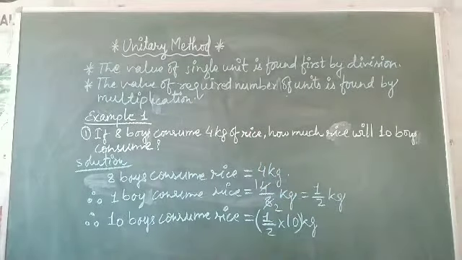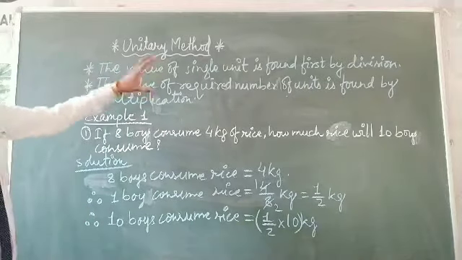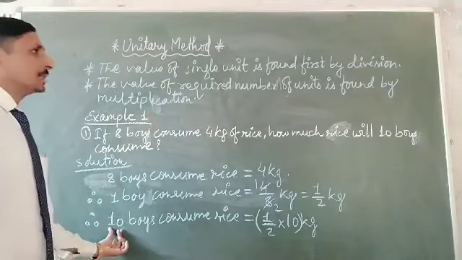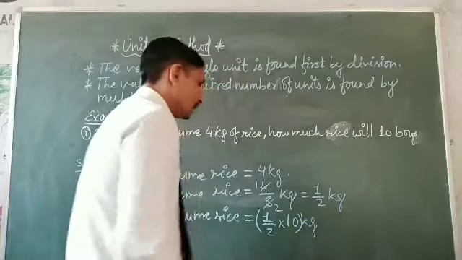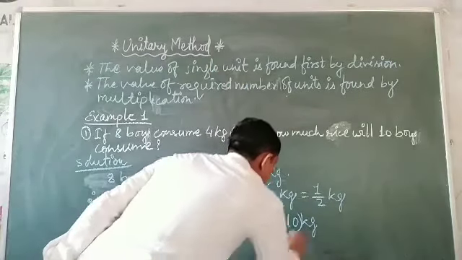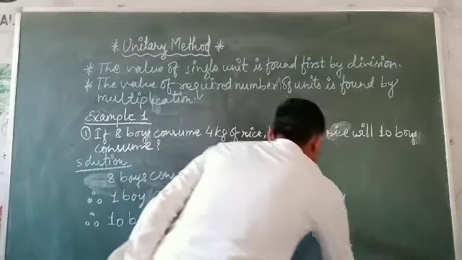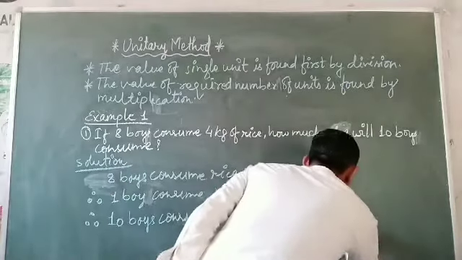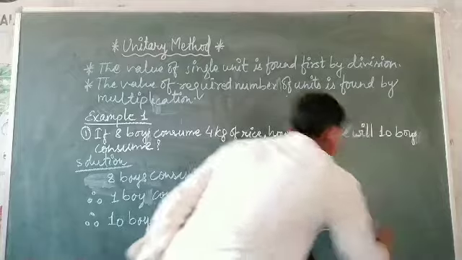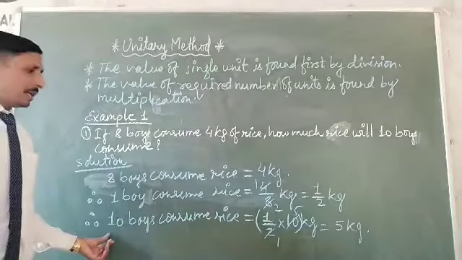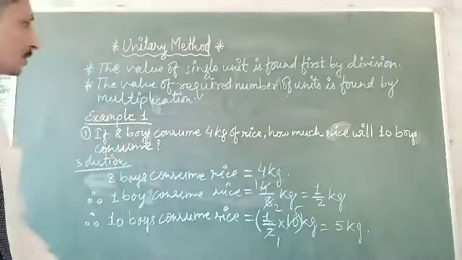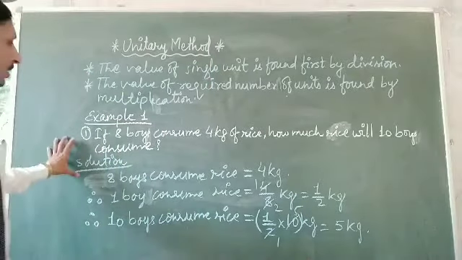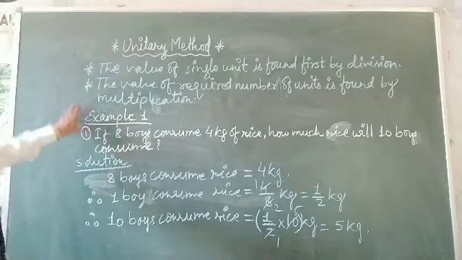So the value of the required number of units is found by multiplication. So we have done multiplication. Now 2 fives are 10, so that is 5 kg. Means 10 boys consume 5 kg of rice.